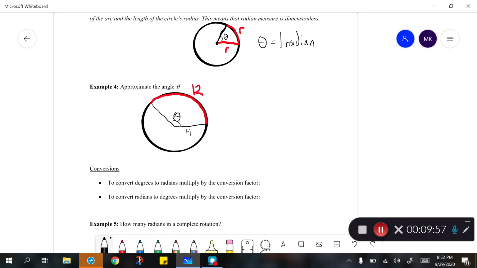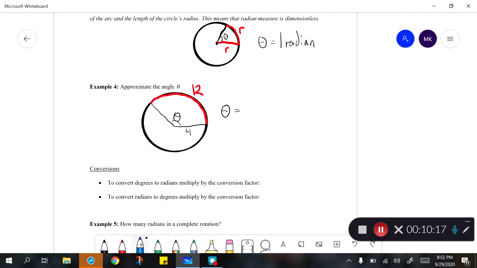So then what does theta equal? I want you to pause the video and think about this. See if you can figure out what theta equals. Go ahead, pause it. Come on, actually do it. Okay, welcome back.